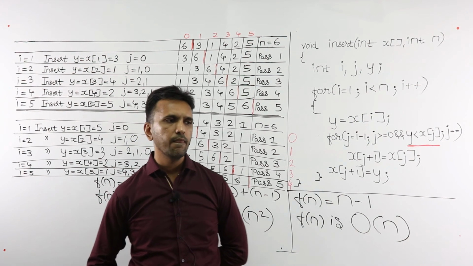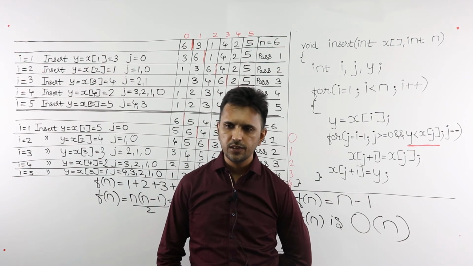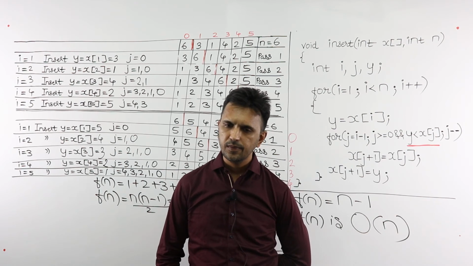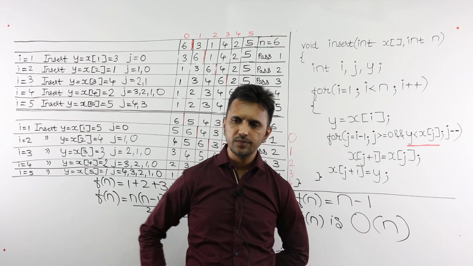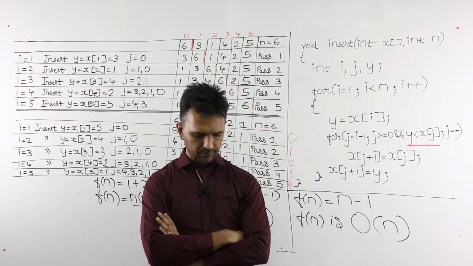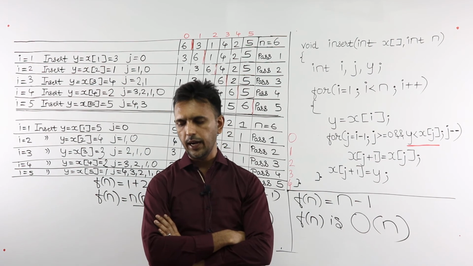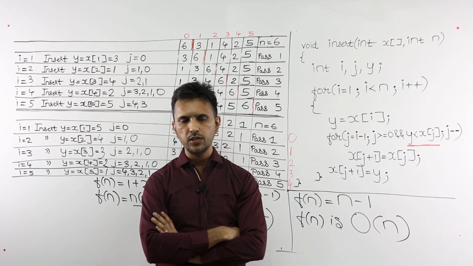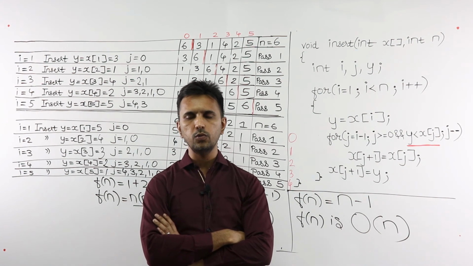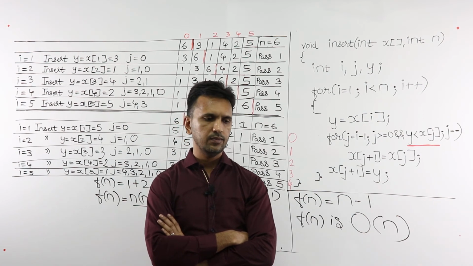Next point. The number of comparisons is always greater than or equal to the number of shiftings, in bracket, or swappings. The number of comparisons is always greater than or equal to the number of shiftings, in bracket swappings.